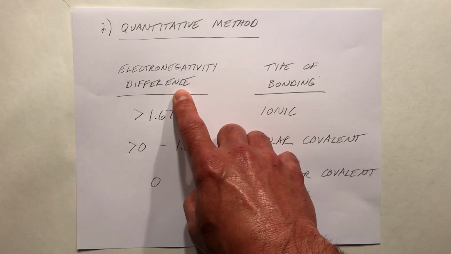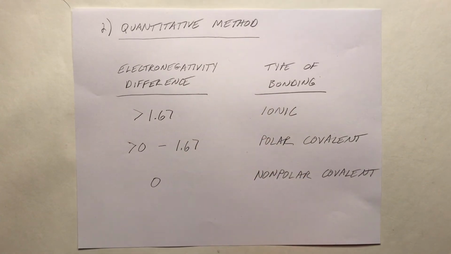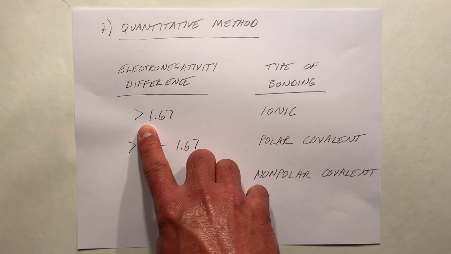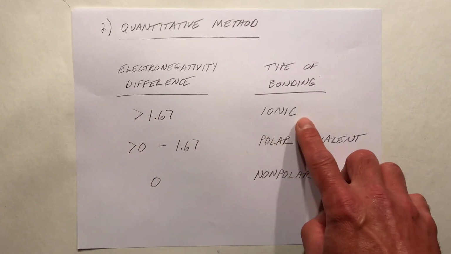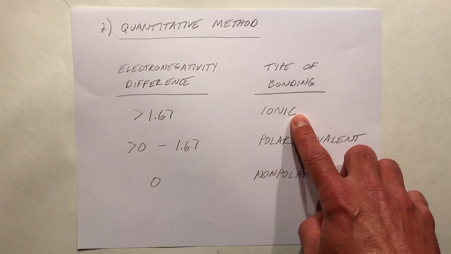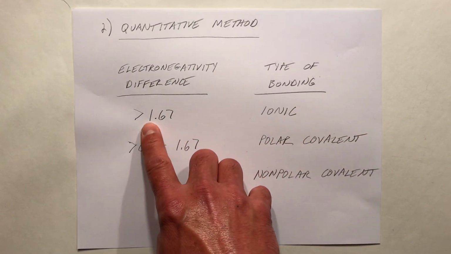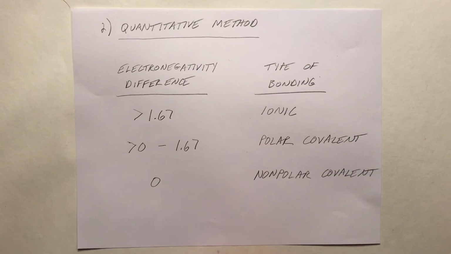So we're going to take electronegativity values for elements and subtract them. If when you subtract the electronegativity values for elements, the difference is greater than 1.67, we would say the bond is ionic. So one atom would have a lower electronegativity than the other by a difference that's greater than 1.67.